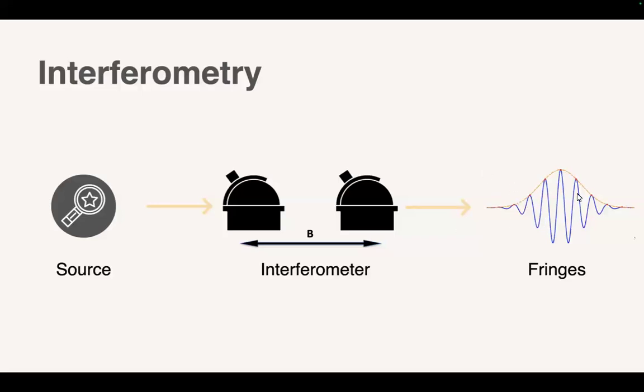And so you have fringes, and you need to somehow go from fringes towards an image, which is challenging because you have constructive and destructive interference. So you've also lost some information. But the idea is that within any interferometric configuration, because you can space out telescopes, it's possible to obtain information on details that otherwise would not have been possible with just a single telescope.